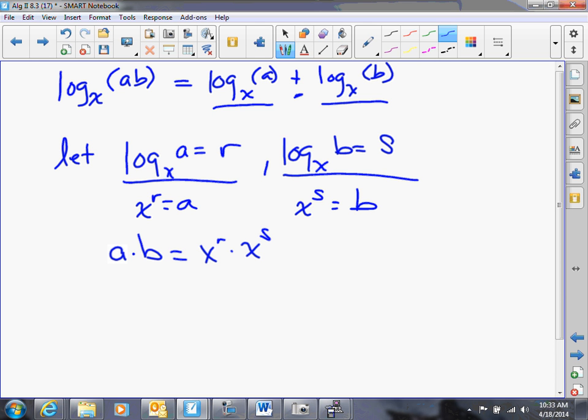Now, I'm going to take the log base x of both sides of this. Now we have log base x of AB is equal to the log base x of x raised to the R.